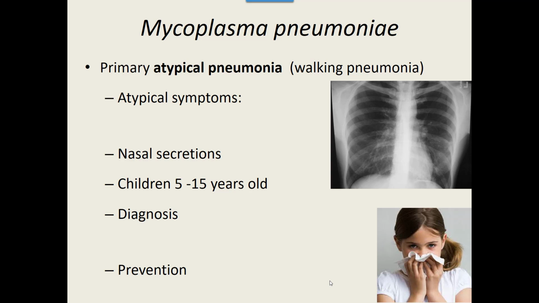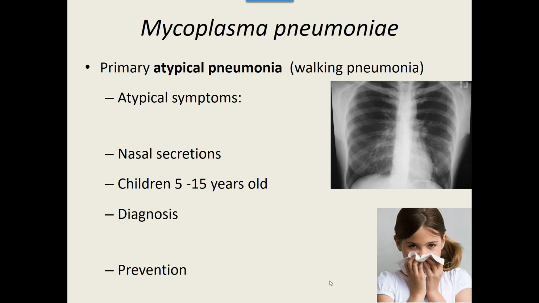Now, diagnosis, because it's atypical, is a little harder, mostly because it takes forever for these things to grow in a lab. When we grow things on Petri plates in our lab, we pull them out in 24 hours and we have lots and lots of growth. For us to grow these on some type of media or agar in our lab, it could take weeks, not just 24 hours, for the bacteria to start to grow up and for us to see the colonies.